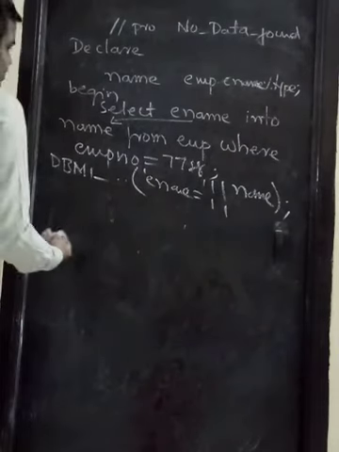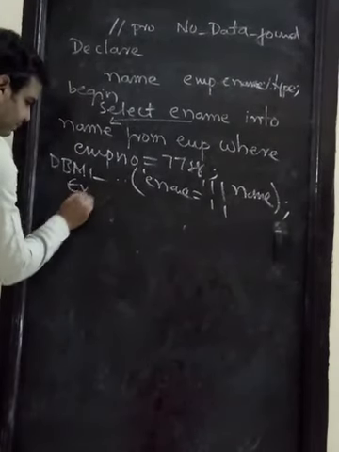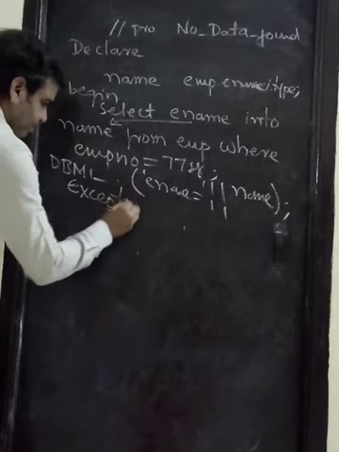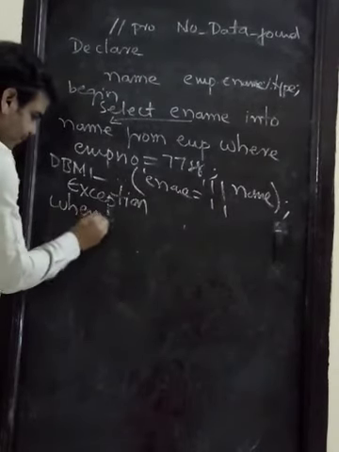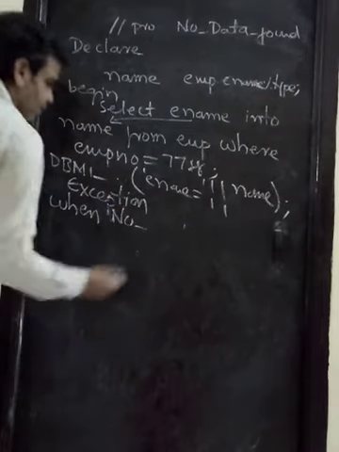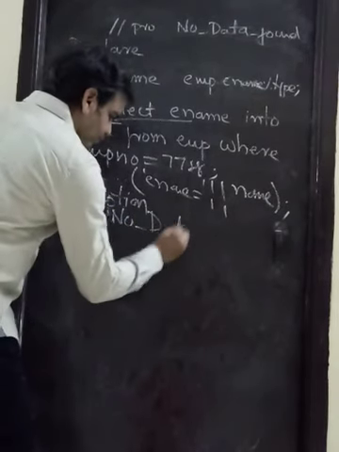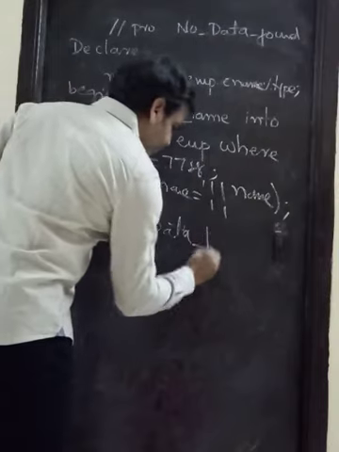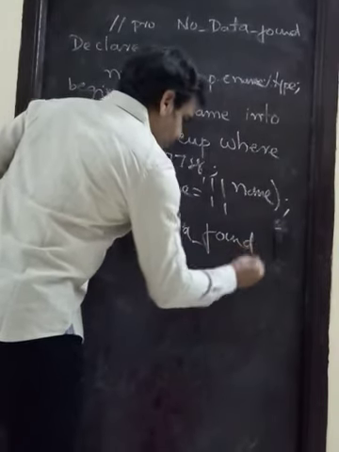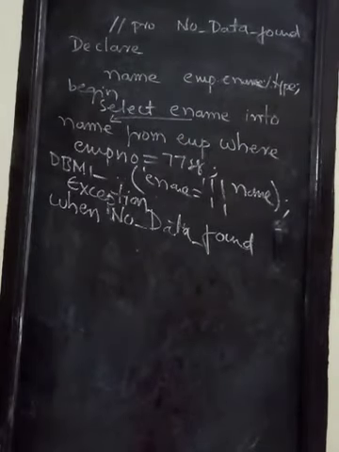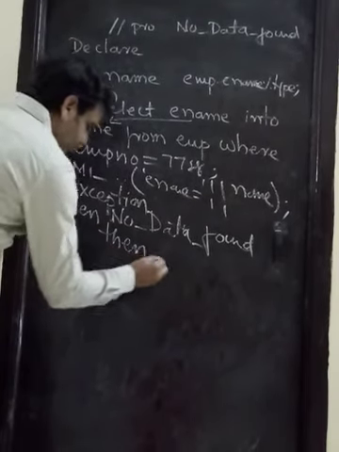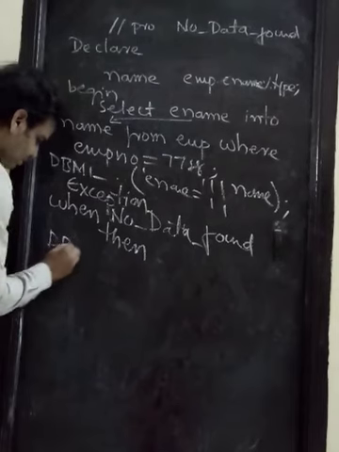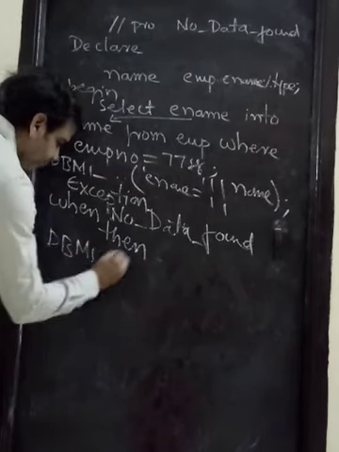Otherwise, now we are writing the exception. So we should use WHEN NO_DATA_FOUND, then action, then DBMS_OUTPUT.PUT_LINE.